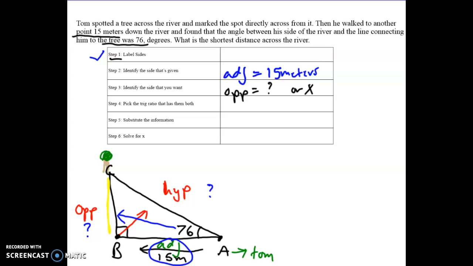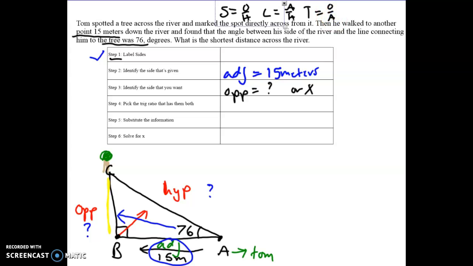So I'm going to write out my trig ratios again. Remember, these are the trig ratios that you should write out at the start of every problem. Sine is equal to opposite divided by hypotenuse. Cosine is equal to adjacent over hypotenuse. Tangent is equal to opposite over adjacent.